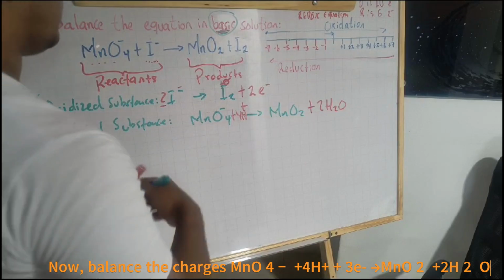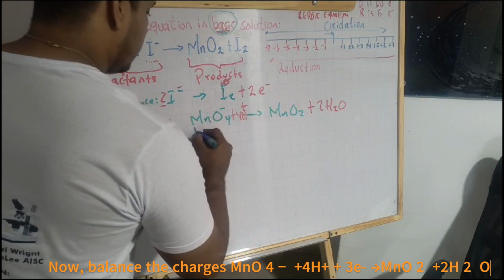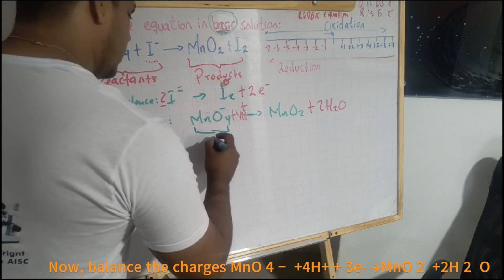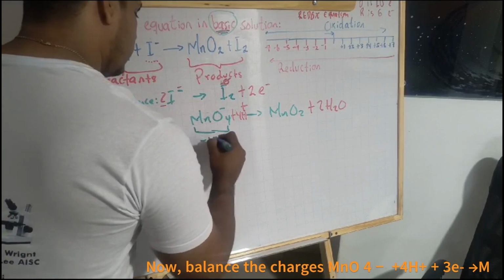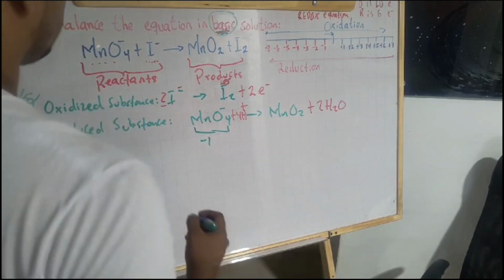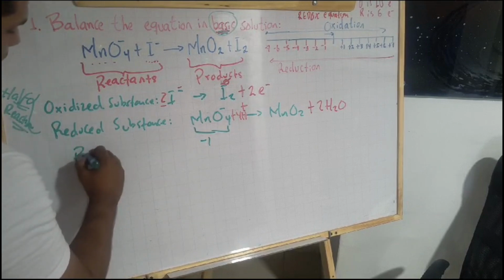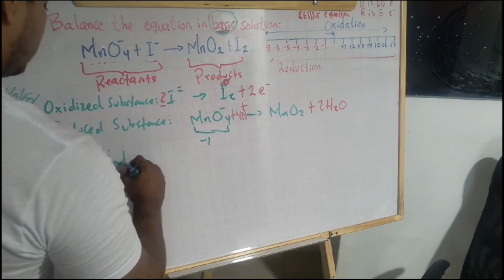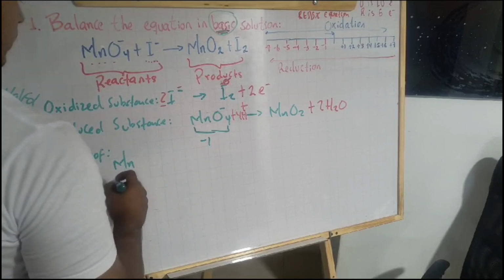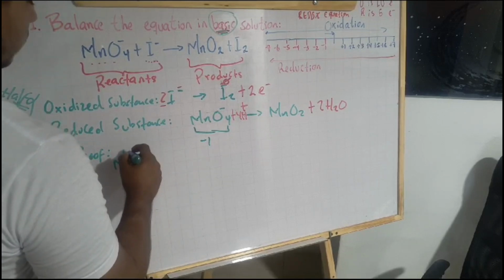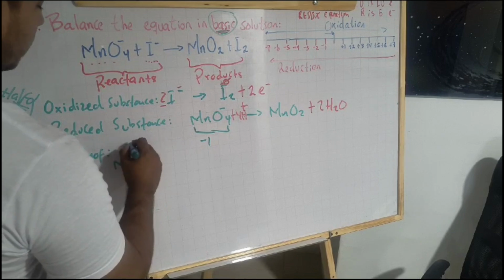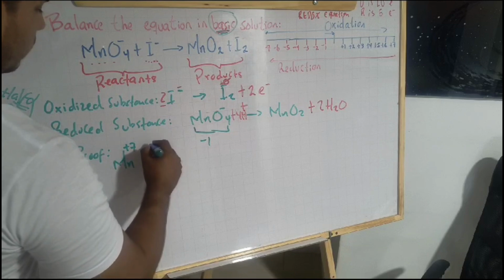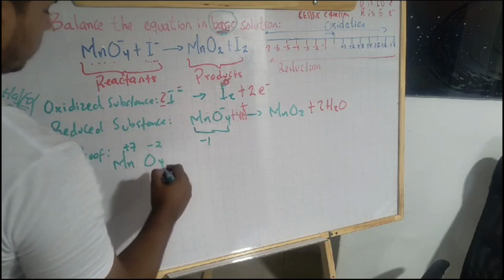Next, what you have to keep in mind is that the net charge for this permanganate ion is going to be minus 1. And if you want me to prove this, I will prove it here. Proof: the manganese oxidation number is +7, and the oxygen oxidation number is -2.